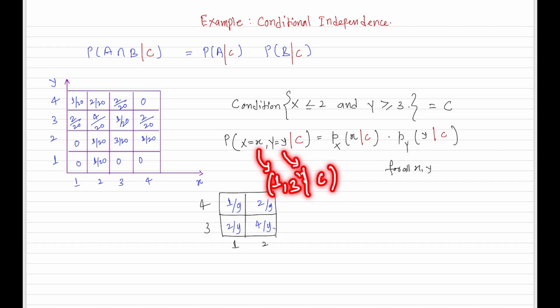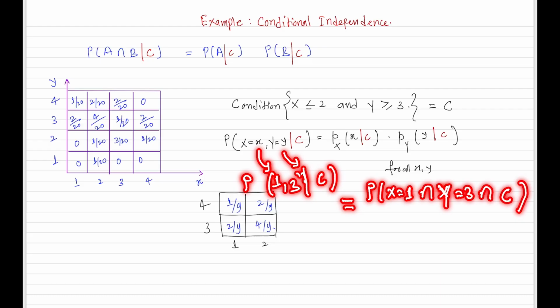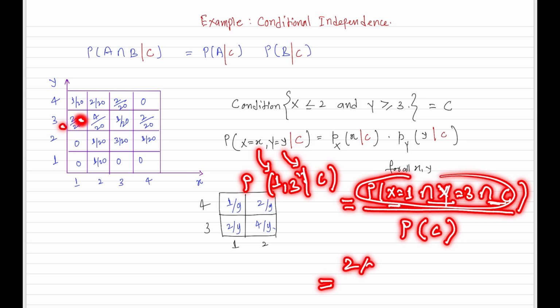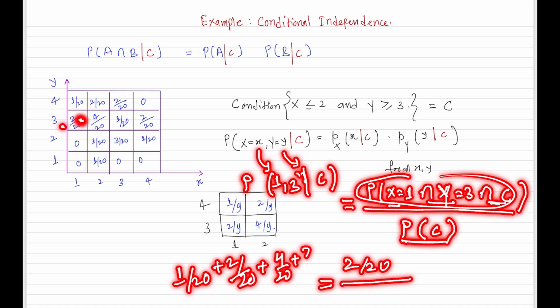Under this condition C, if you make use of the conditioning definition, the probability that random variable X takes the value 1 intersection random variable Y takes the value 3, intersection the given condition C, divided by the conditioning event, that is the probability of this event C. So overall this probability is 2 divided by 20, and the probability of C will be the sum of 1 divided by 20 plus 2 divided by 20 plus 4 divided by 20 plus 2 divided by 20.